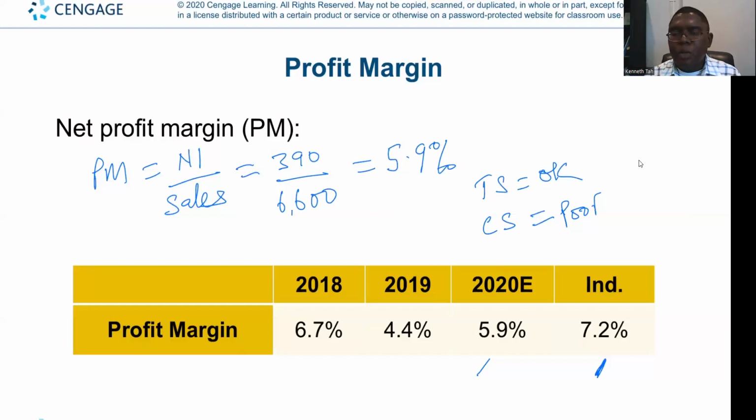Or if you are a loan officer in a position to make a recommendation whether the bank should extend a loan to this company or not, you will not be willing to make an approved recommendation for a loan if you find that the company is performing poorly in many different areas. All right, so that is the first profitability ratio, which is the profit margin.